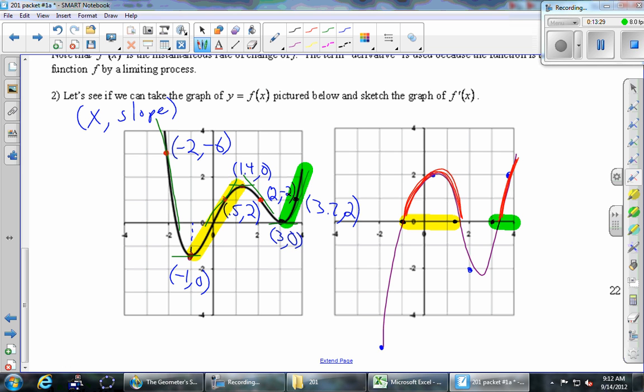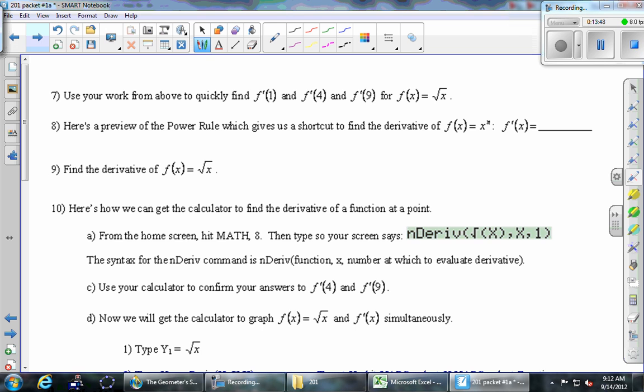So if the original function's increasing, then the derivative is a positive number. I think that makes sense. If the function's increasing, then what kind of a tangent line do you have? Like an uphill one, a positive one. And if a function's decreasing, what kind of a tangent line do you have? Something negative. And so that's what's going to go in these next 2 blanks here.